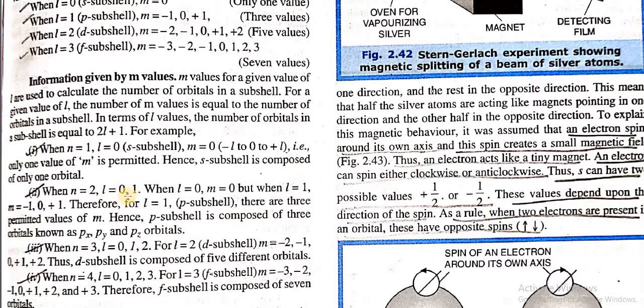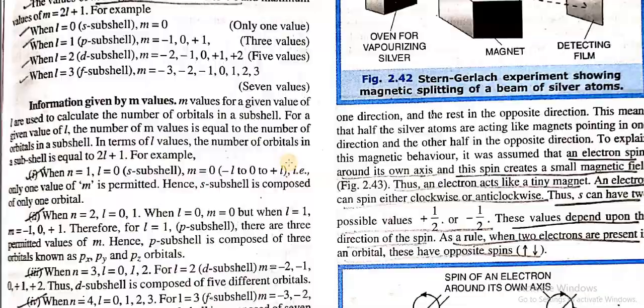For the first, as I explained, one orbital has two electrons, plus half and minus half, or together plus minus half. For m equals minus 1, 0, plus 1, each will be plus minus half. So altogether this will have 6 electrons, and that will have 2 electrons. In that way we can find the spin quantum number.